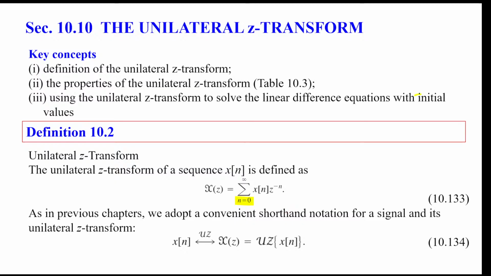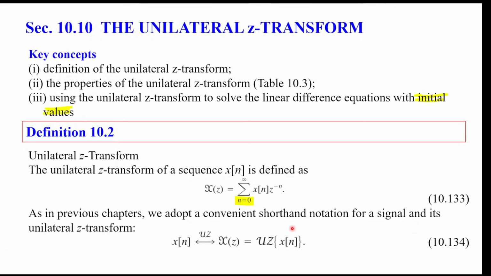Okay. And so the unilateral Z transform, just like the unilateral Laplace transform, is very similar to the bilateral one, but now the summation starts from n equal to 0, so we only care about non-negative n. So we have this notation: script X of z equals the summation n from 0 to infinity of x of n z to the minus n.